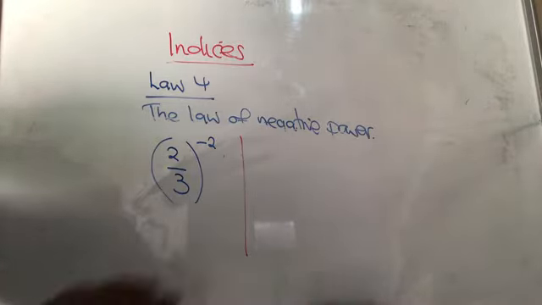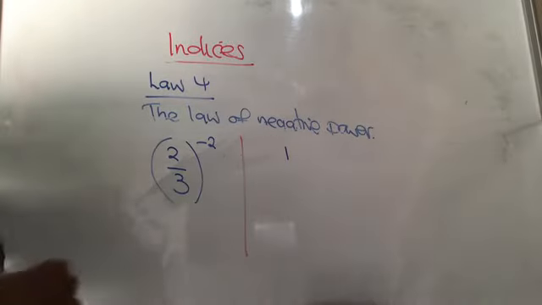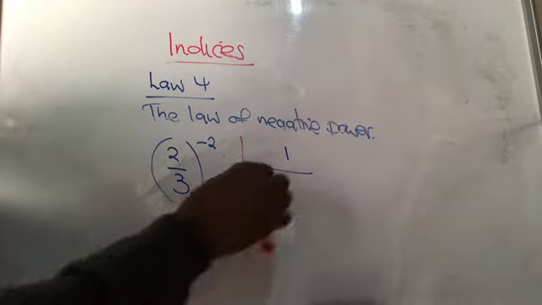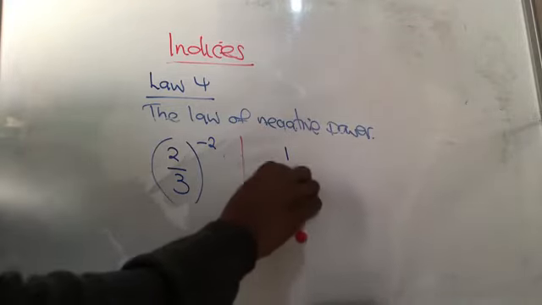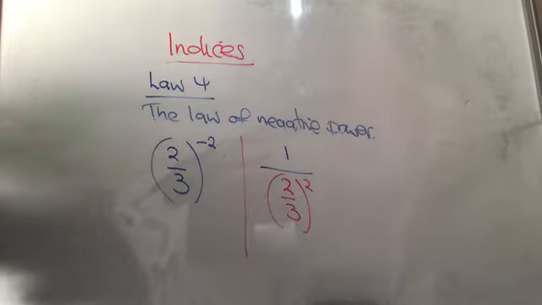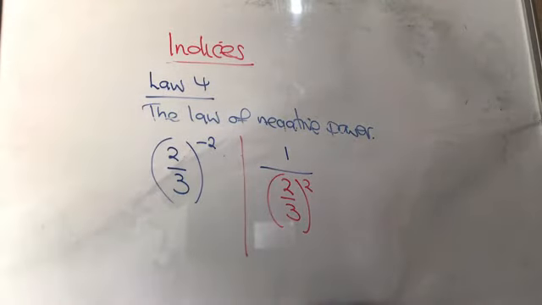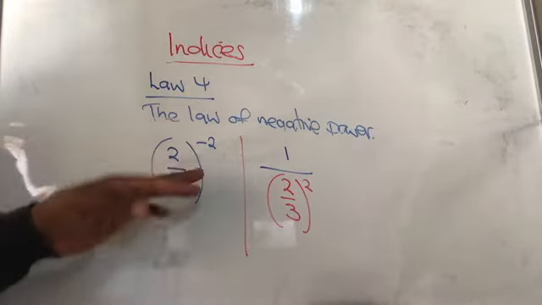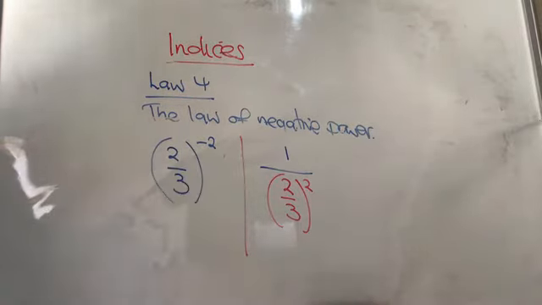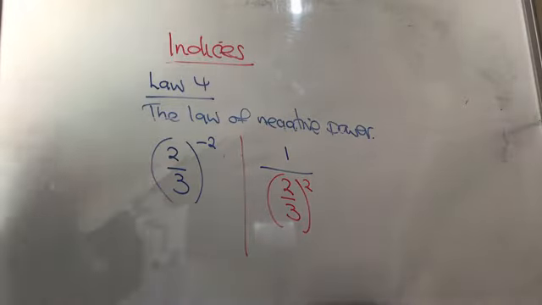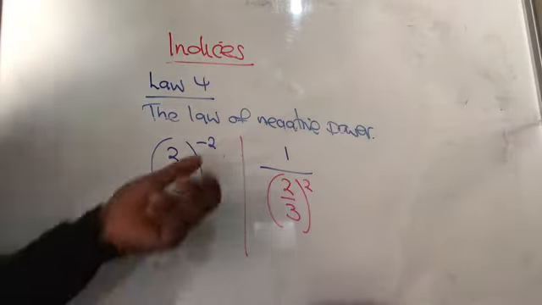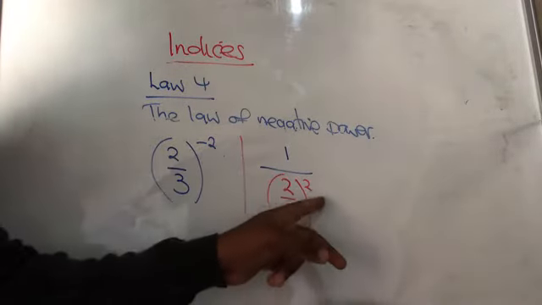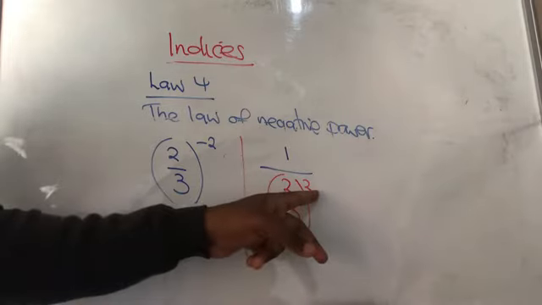Alright? How? By saying 1 over, I'm going to change the marker so that it's very clear, 2 over 3. But now it's positive. I want you to look at this very closely. There was no over 1 here, and the power is negative. So in other words, I have to rewrite it in positive terms. I have to make the power positive by saying 1 over 2 over 3, but now the 2 is positive.